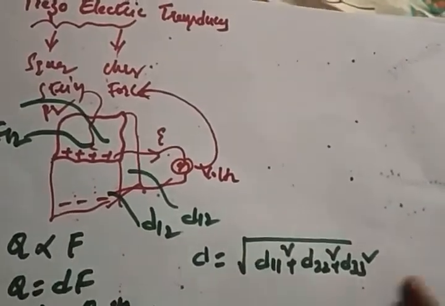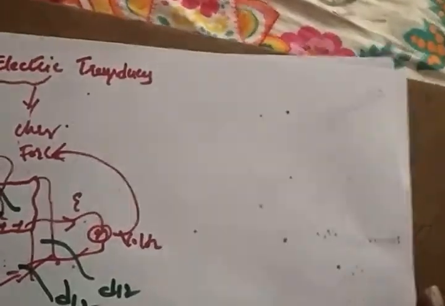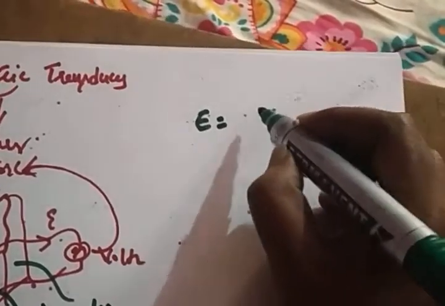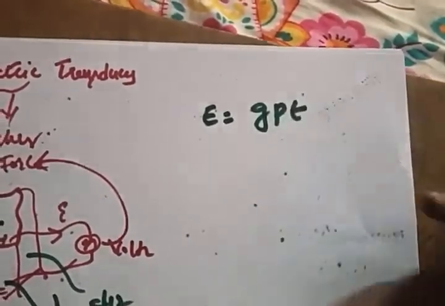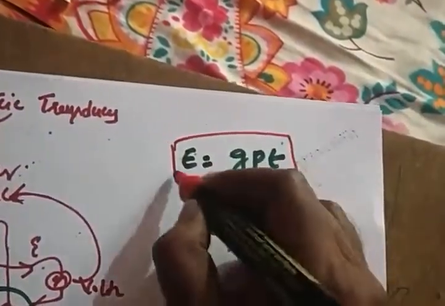How much charge, how much voltage is generated depends on how much force you apply. So what is the equation for this? The voltage equation we derived in the last session. What is the voltage equation? E is equal to g t p. Very, very important equation.